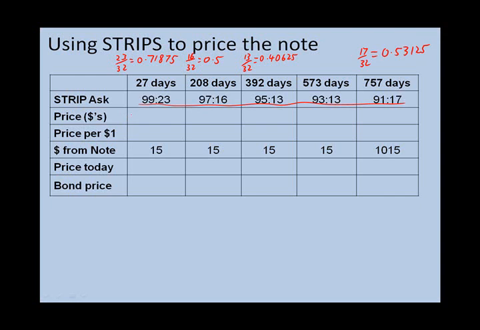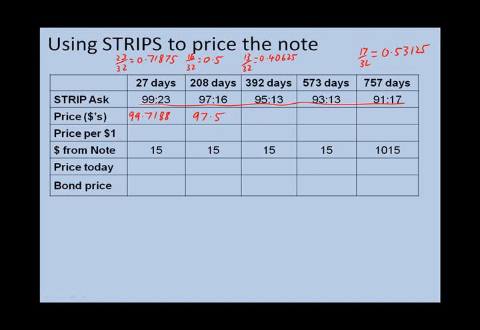Now we can write out the price very quickly in dollars. So the price of $100 in 27 days is going to be 99.7188. I'm going to round to 4 decimal places or something close to that. We can do the same for all these strips, so it's 97.5.